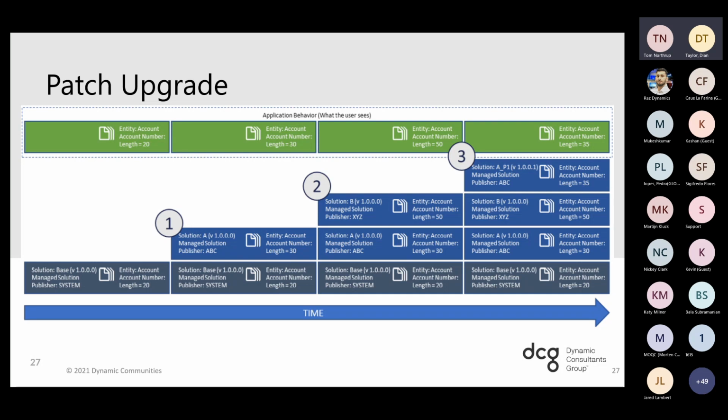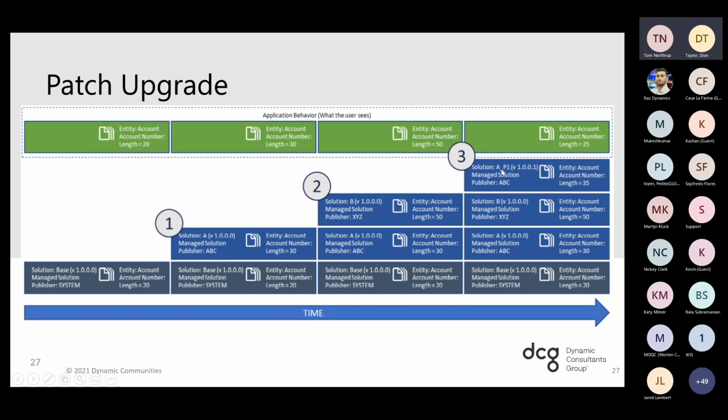So your name, I know this isn't ideal, but that's what the system uses to match a managed solution being imported to another existing managed solution: just the name and the publisher. If the name is the same and the publisher is the same, it's going to import at that layer.